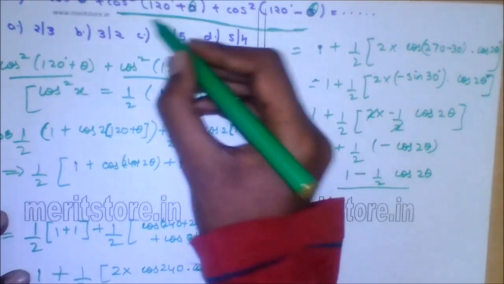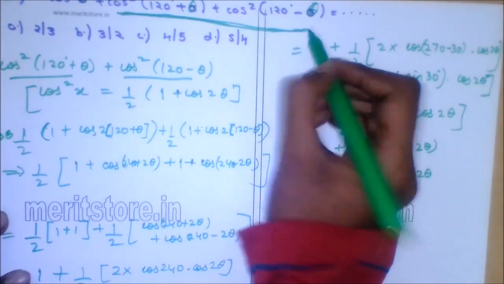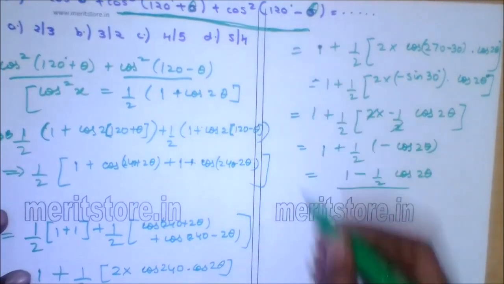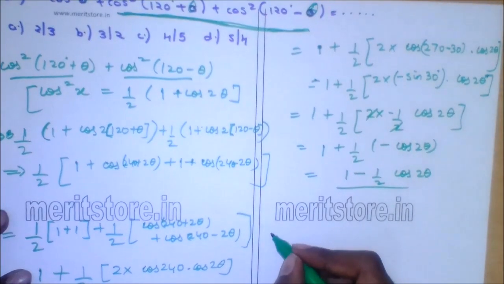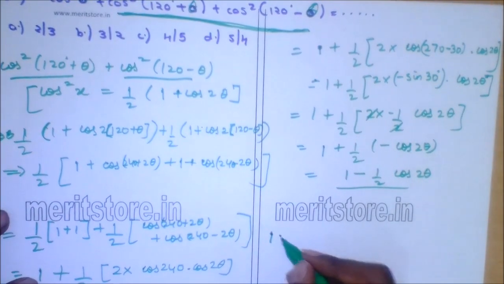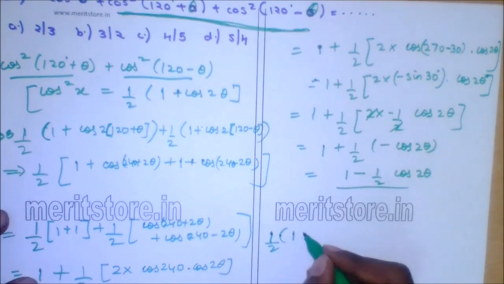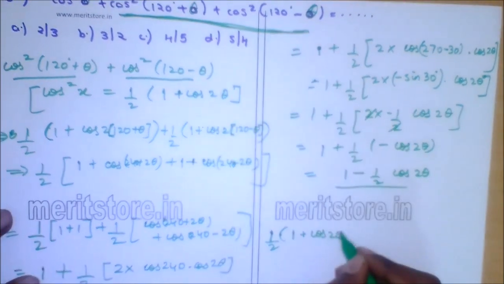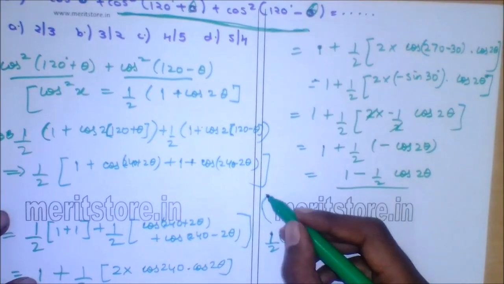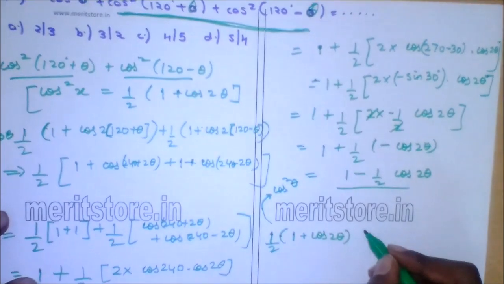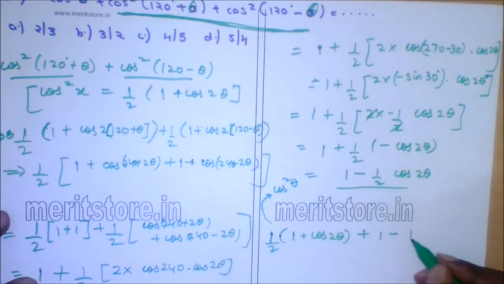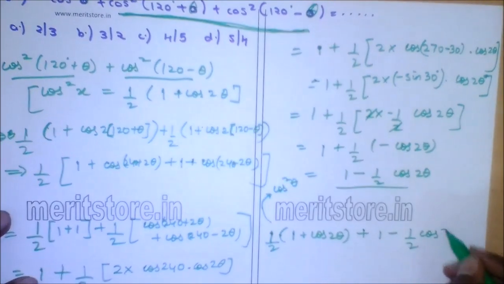Now this is the second half of the expression. So we add cos square theta to it, and cos square theta is half into 1 plus cos 2 theta. This is cos square theta plus 1 minus half cos 2 theta.